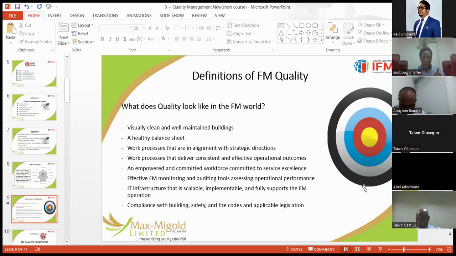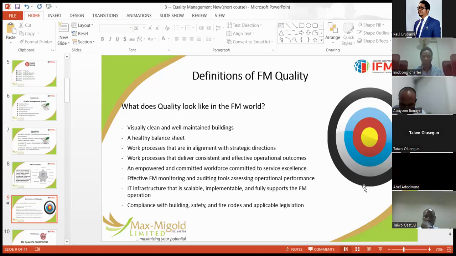So number one is visually clean and well-maintained buildings. If I walk into your facility and it is visually clean and well-maintained, then you are delivering quality. And this view of quality is very difficult to achieve, because when you have people working in your facility and they are not able to understand this criteria, they may not be able to deliver on it.